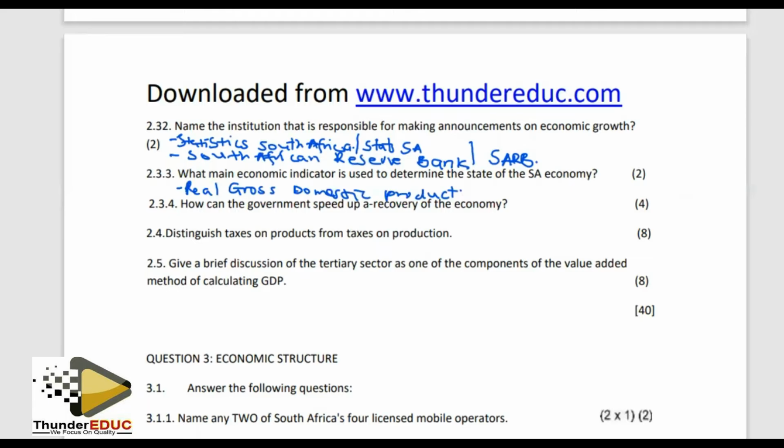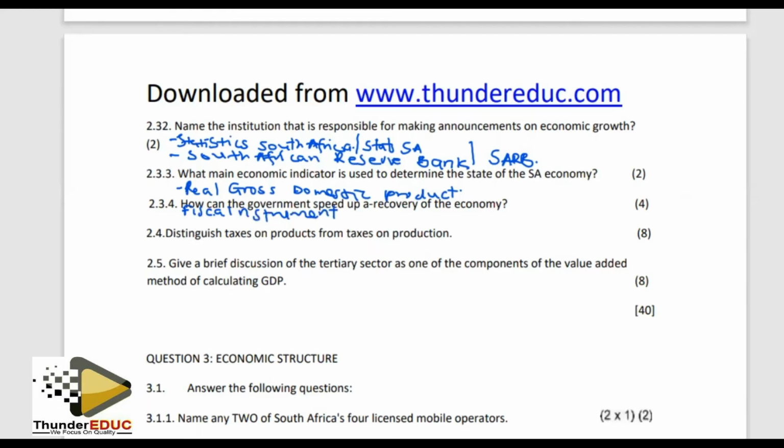How can the government speed up recovery? The government can speed up recovery by using its two important fiscal instruments. Which instruments are we talking about?